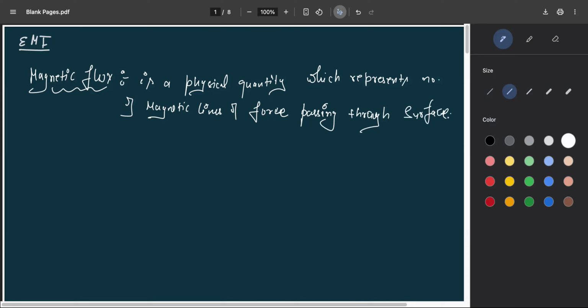How are you going to define it? Assume that I have some surface. You know that the area vector is always perpendicular to the surface, so assume this is the area vector. Now there is a magnetic field going in this direction.